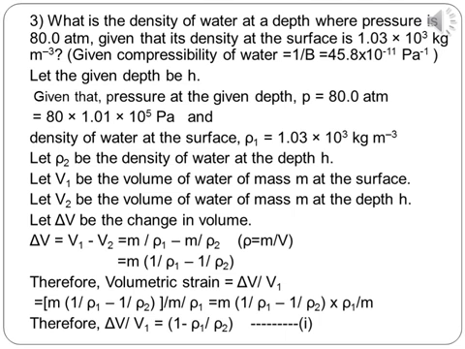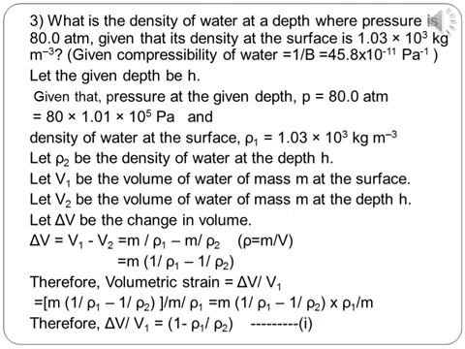Given compressibility of water is equal to 1 by B is equal to 45.8 into 10 to the power of minus 11 pascals raised to minus 1. Let the given depth be h, given that pressure at a given depth P is equal to 80 atmosphere. Converting into Pascal, we have to multiply it by 1.01 into 10 to the power of 5.